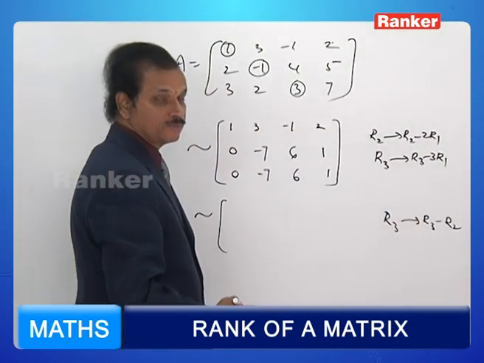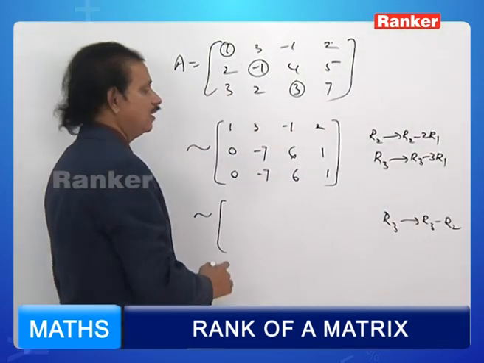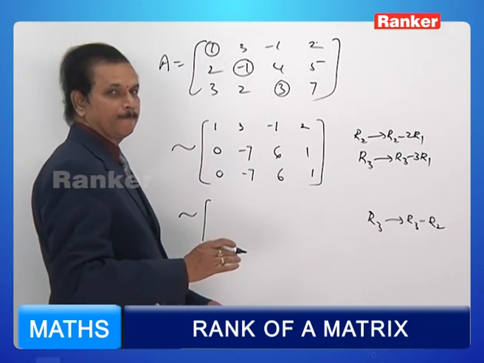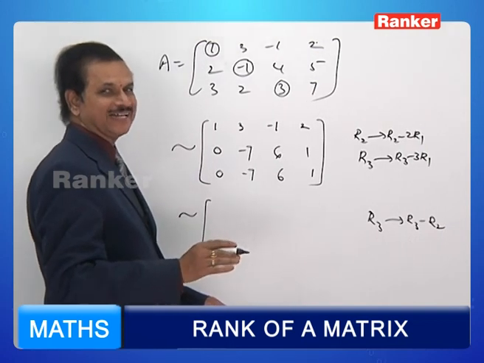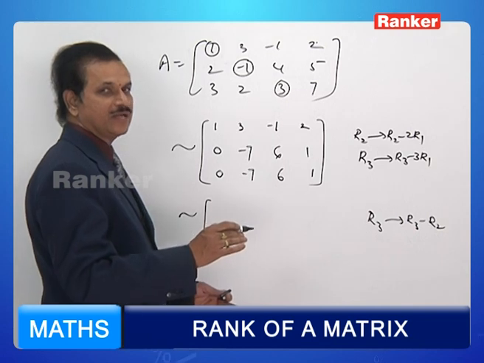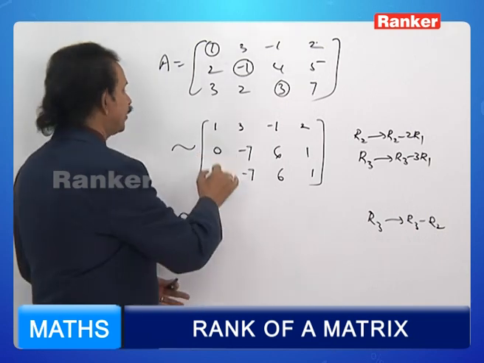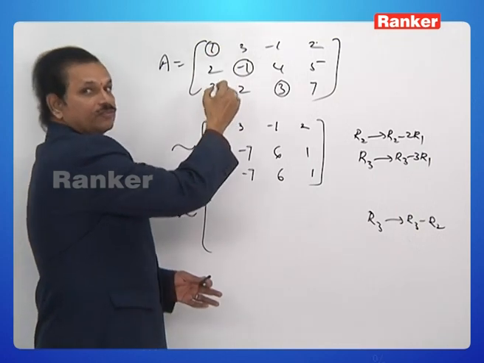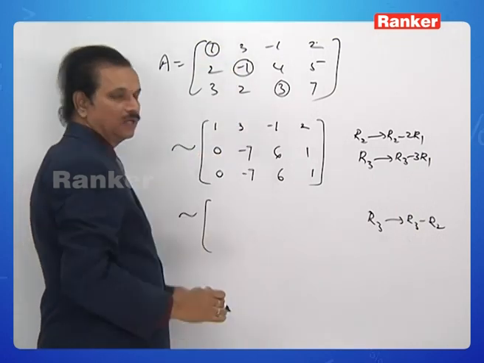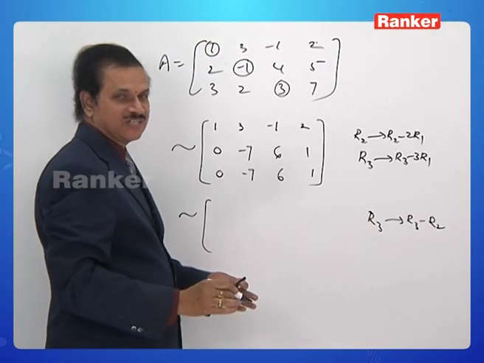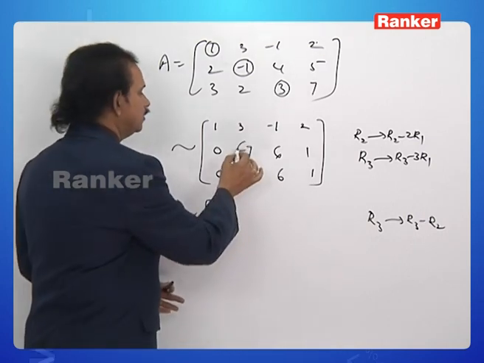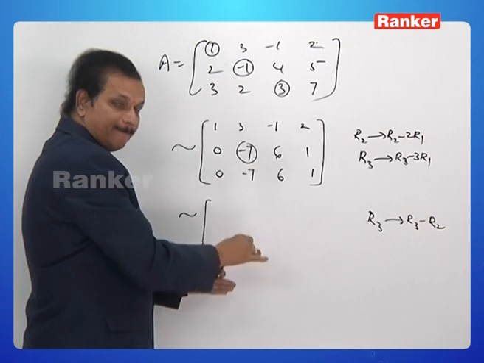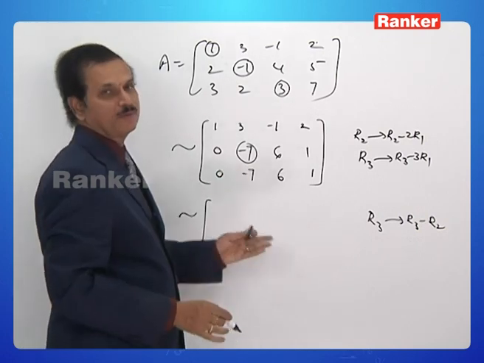Why should you come to the last row? In our plan, the first step is completed. We would like to make every entry below A11, that is first row, first column entry, zeros. Next, we shall concentrate on all those elements which lie below the second row, second column entry.